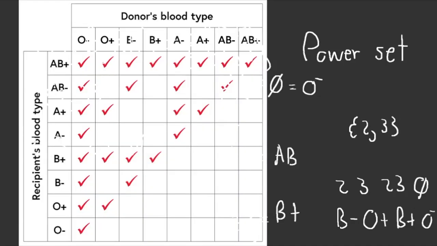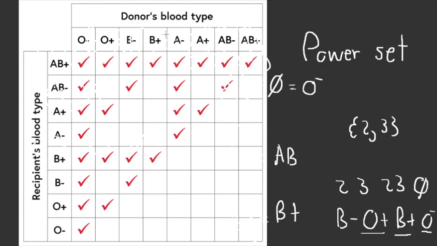But now check this out. If we look at the row for B positive and we look at what kinds of blood it is compatible with, it is compatible with O negative, which is this one. It is compatible with O positive, which is this one. It is compatible with B positive, which is this one.